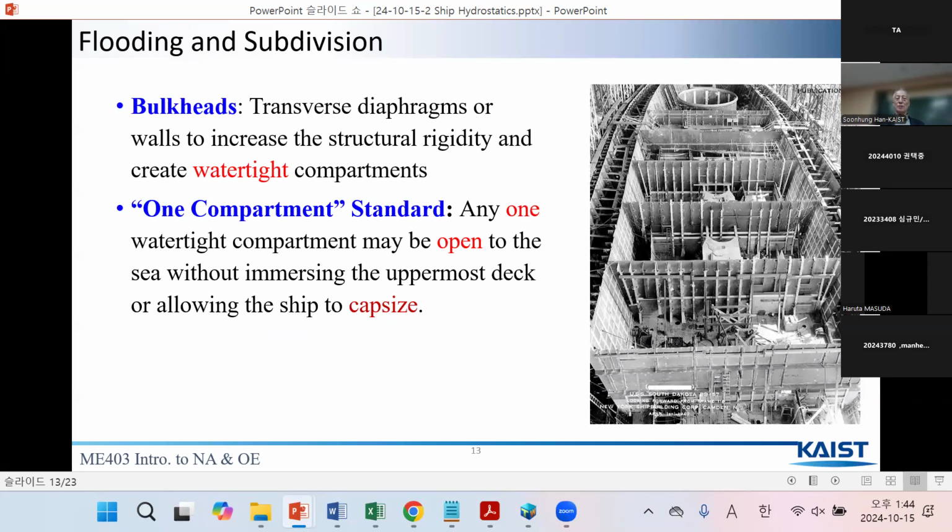Flooding and subdivision, so bulkheads are important and doors must be watertight. One compartment standard says that even though one room is full of water, the ship must be safe. There is a regulation requirement. Even though there is a puncture of the hull, and one room is full of water, the ship is still safe. There is a one compartment standard requirement.